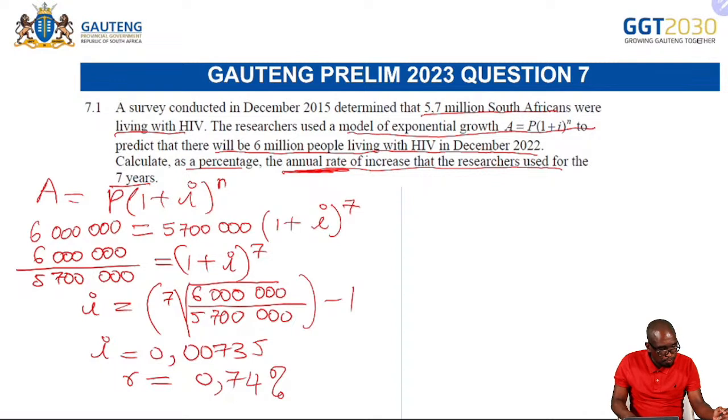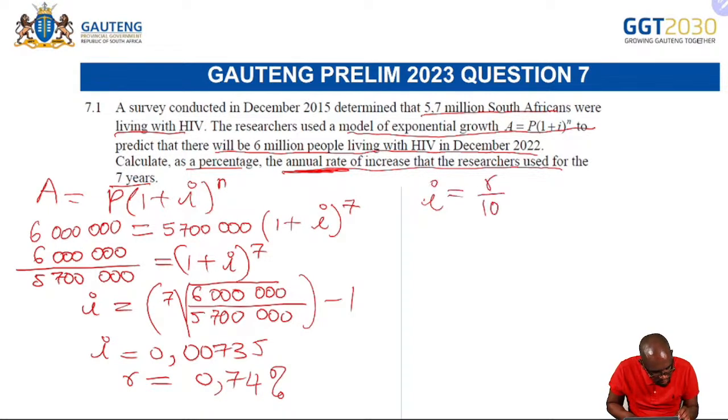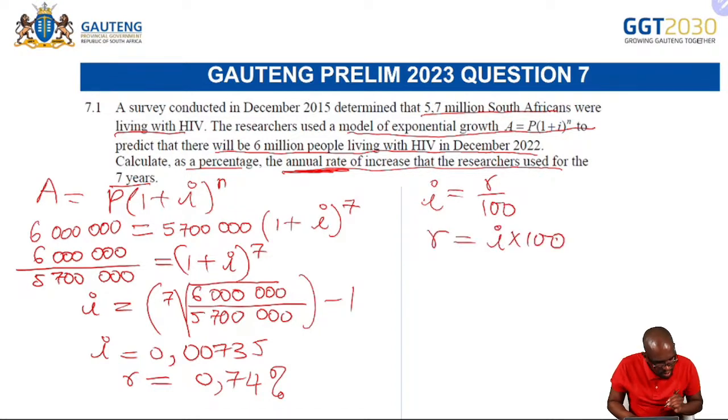We are taking that from the fact that i is equal to r over 100. So if we want r, we're then going to say i multiplied by 100. That is why after getting i, we multiplied it by 100.